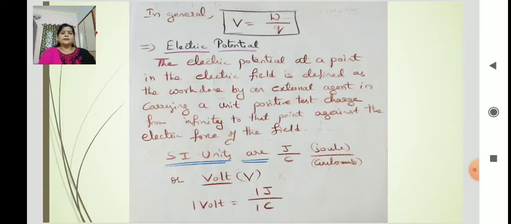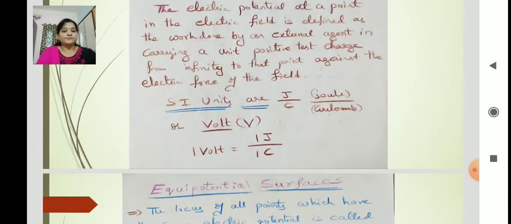Now the SI unit of work is joule and for charge it is coulomb, so the SI unit of potential is joule per coulomb, which is called volt. It is denoted by V.